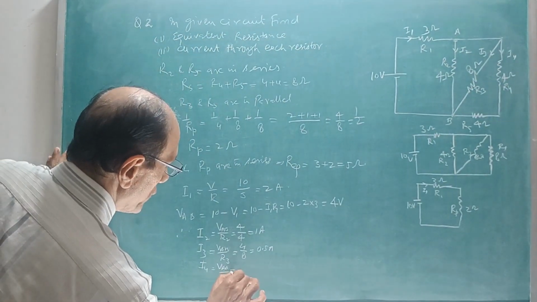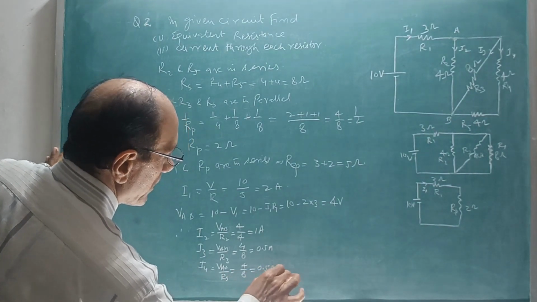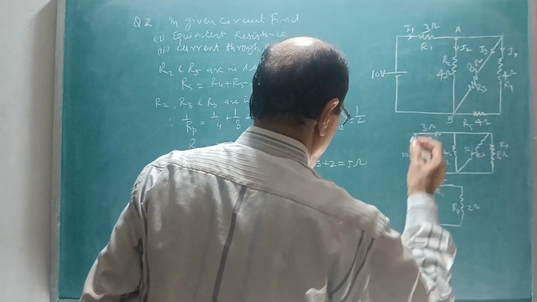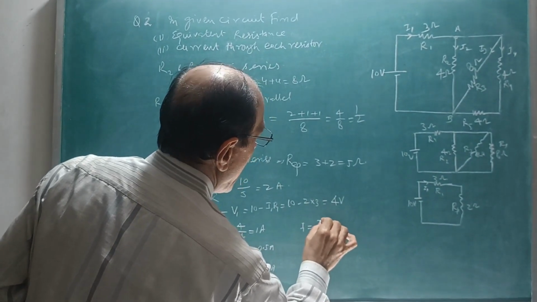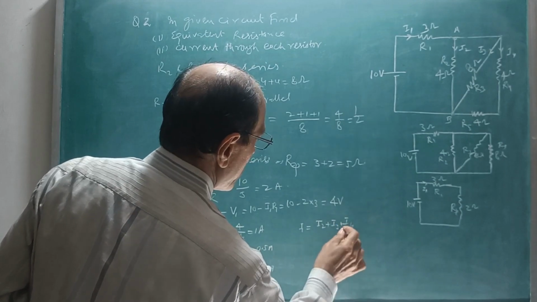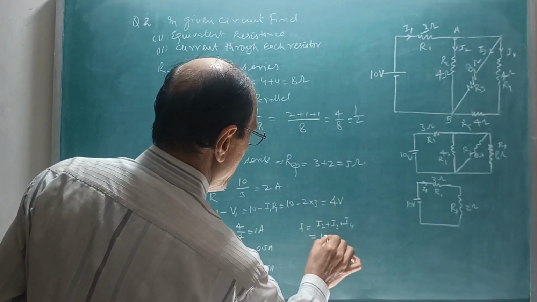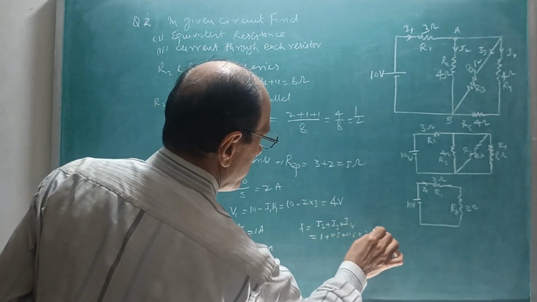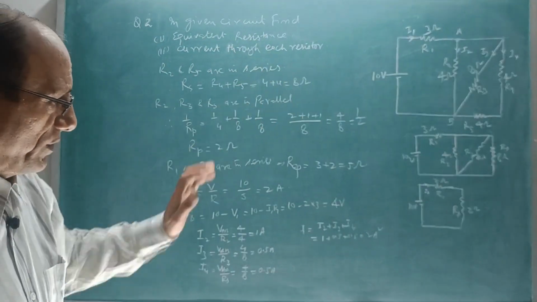So that will be equal to 4 by 8 again, that is 0.5 ampere. Now you can check here, according to Kirchhoff's law, I1 equals I2 plus I3 plus I4, and that is absolutely true, that is 1 plus 0.5 plus 0.5, that is 2 ampere. So you can check the answer this way also.